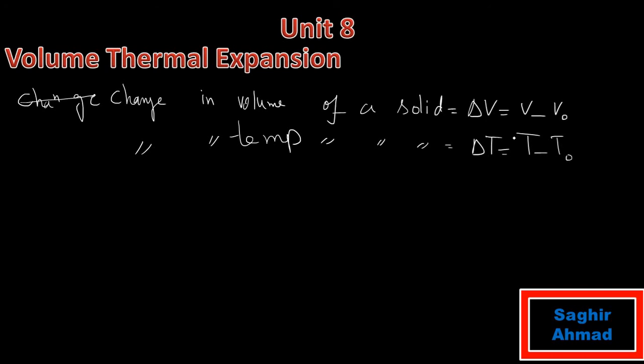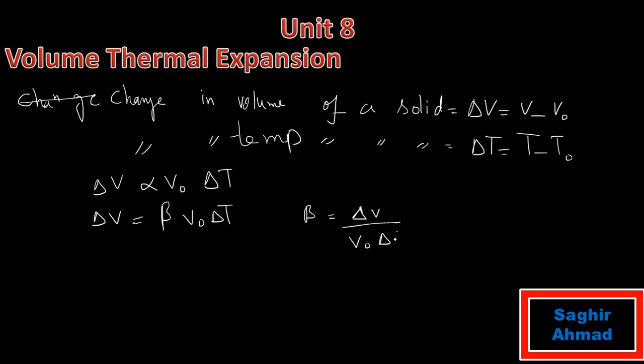Like linear expansion, the change in volume del V is found to be proportional to its original volume V naught and change in temperature del T. Thus del V is proportional to V naught del T. After removing the proportionality symbol, we put an equal sign, and the proportionality constant is beta, so del V is equal to beta V naught del T. You can calculate beta from this equation: beta is equal to del V over V naught del T.